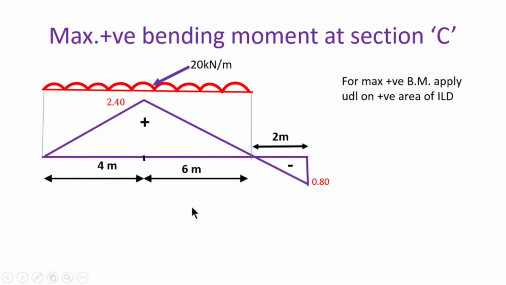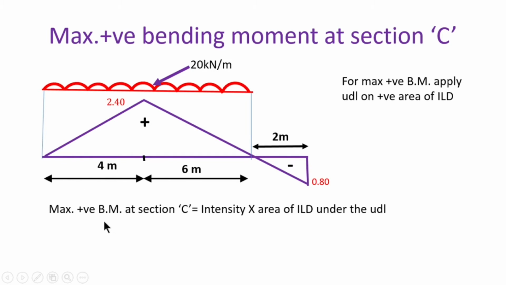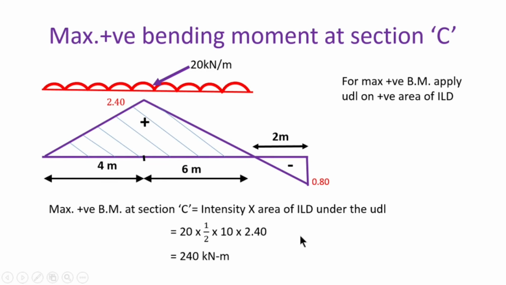So the maximum positive bend moment at section C is equal to intensity into area of ILD under the UDL. That is equal to 20, the intensity, into area 1/2, the base 4 plus 6 is 10 and the height is 2.4. So the maximum positive bend moment is equal to 240 kN meter.